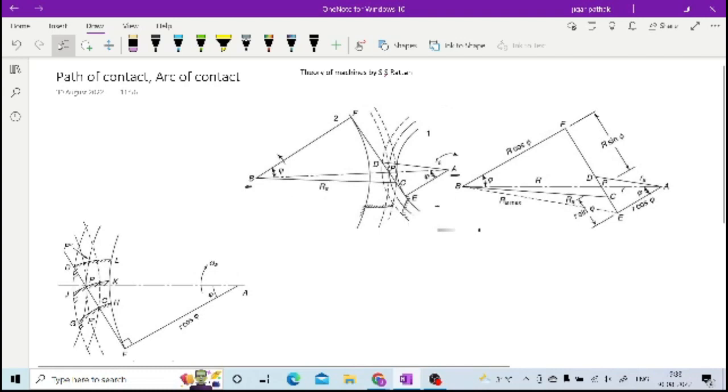As I have told you, your gear A and gear B are in mesh with each other. As you can see here, the point C is at the addendum of this wheel, or your gear. We are having a gear and a pinion.